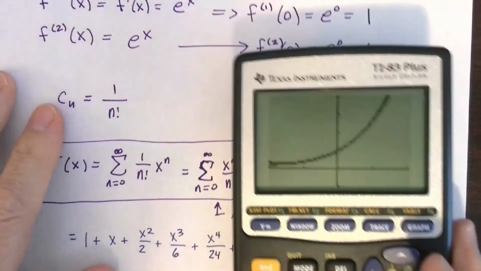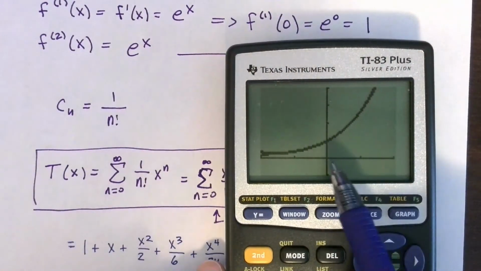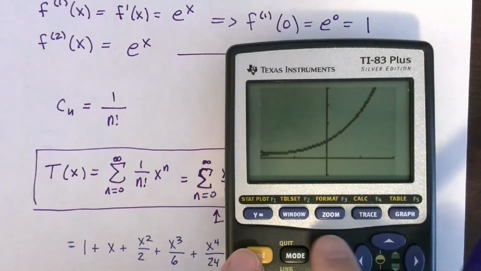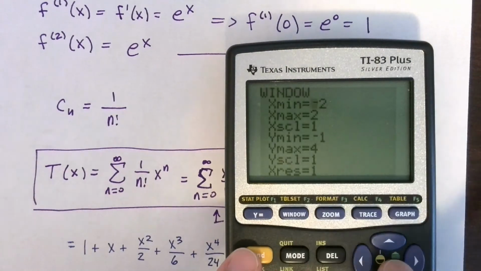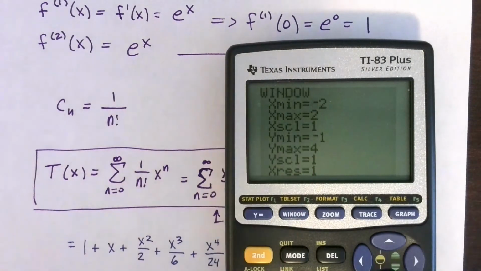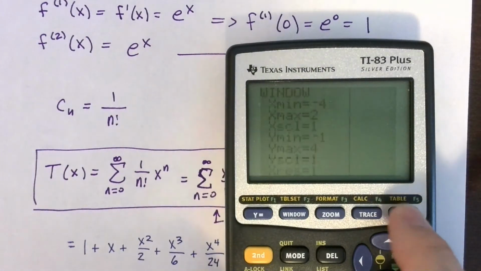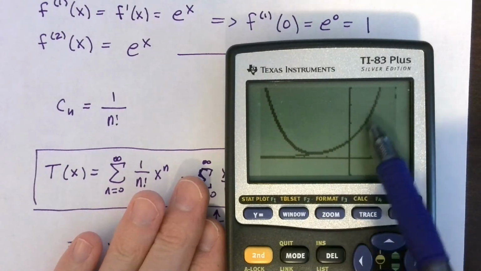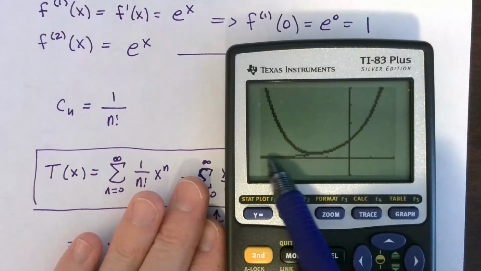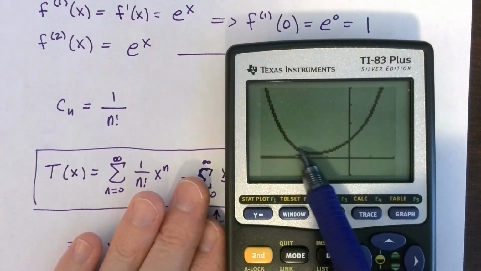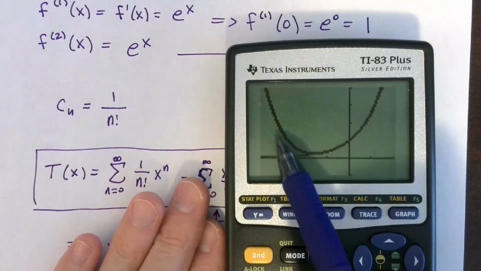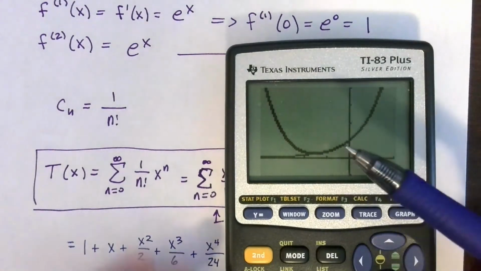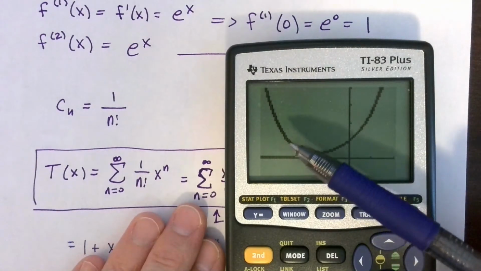Now, if I go back out here, let's just open this window up a little bit to x equal -4. If I go back far enough, you see my e to the x is here, and our power series is converging to something over here. Well, it's not converging, I'm just adding the first few terms, but there's certainly a gap here.